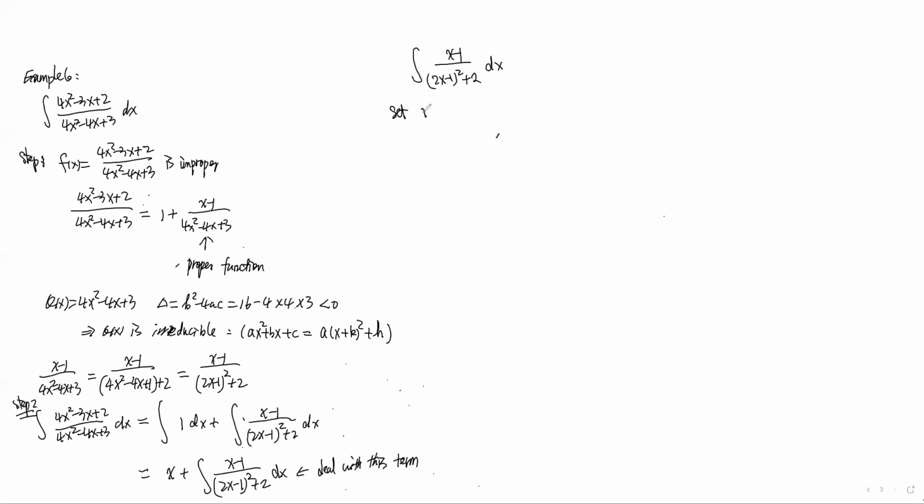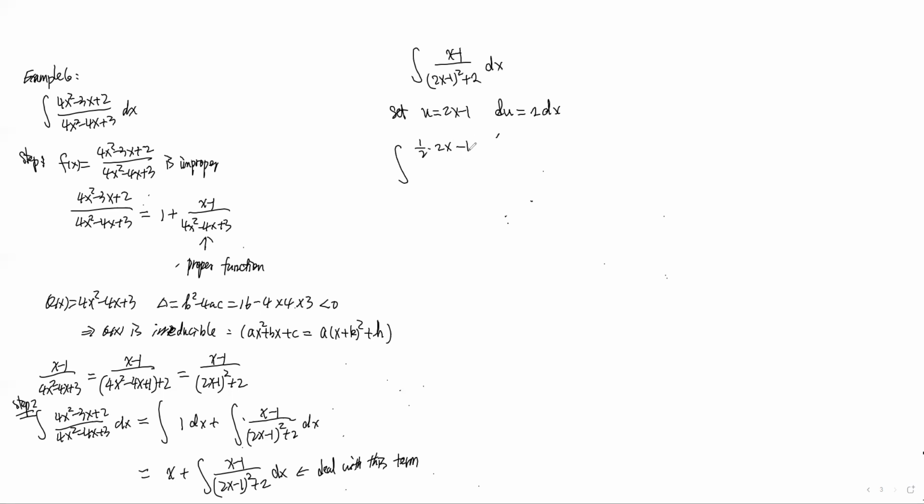Here we set u equals 2x minus 1, so we have du equals 2 dx. But you have to think a little bit, because the numerator has x, not 2x.